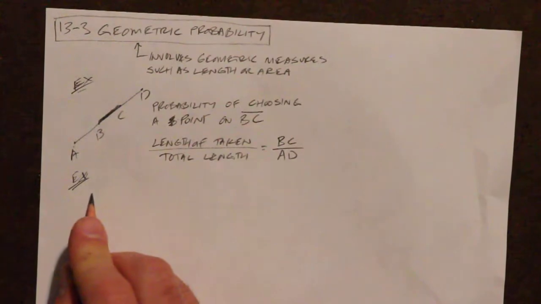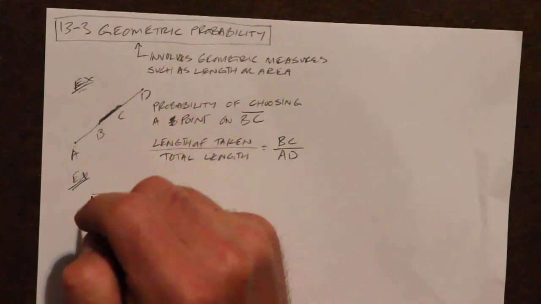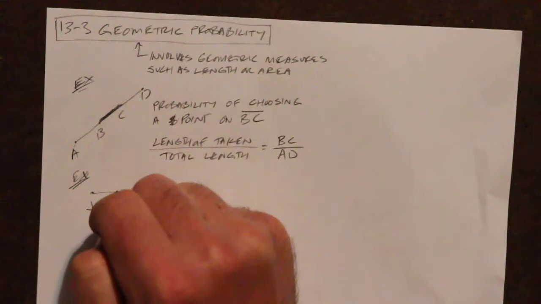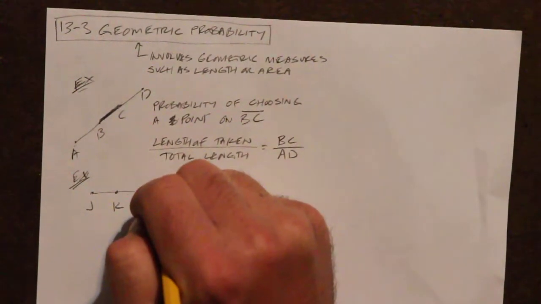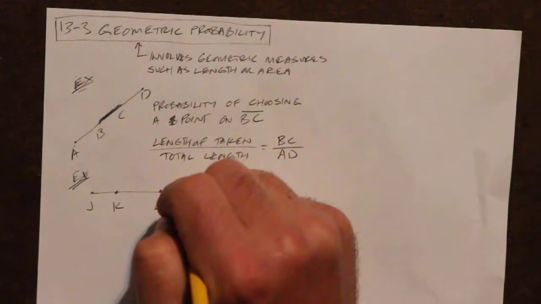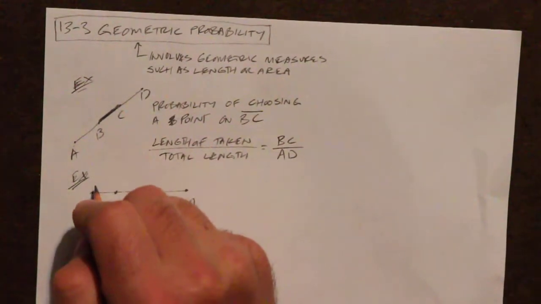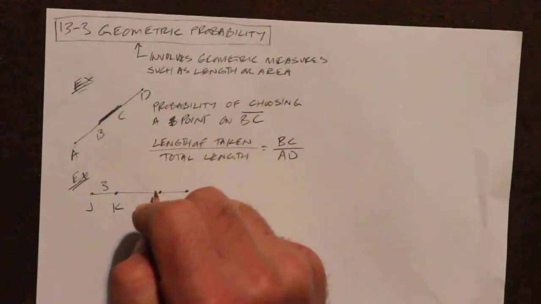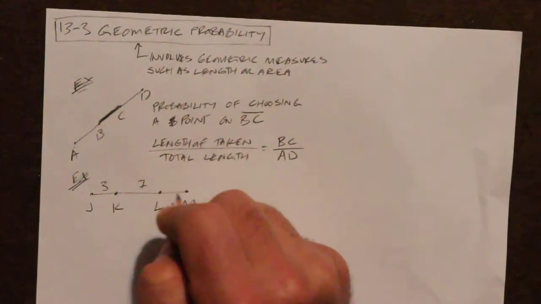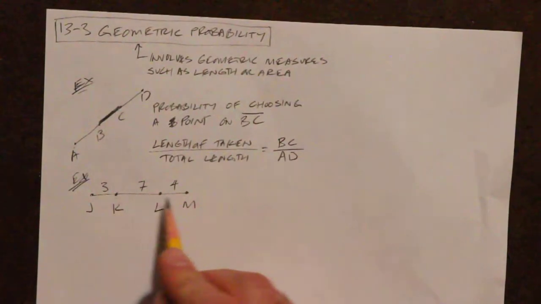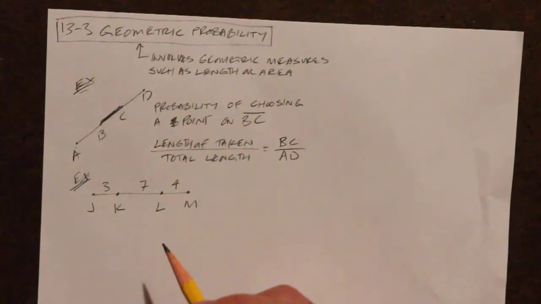So I've got J, K, and then farther over here is going to be L, and then M. The distance between J and K is 3, between K and L is 7, and between L and M is 4. So those are the distances between those points.